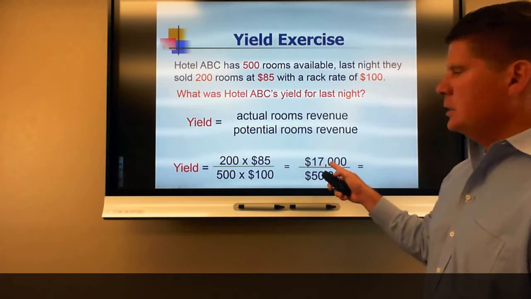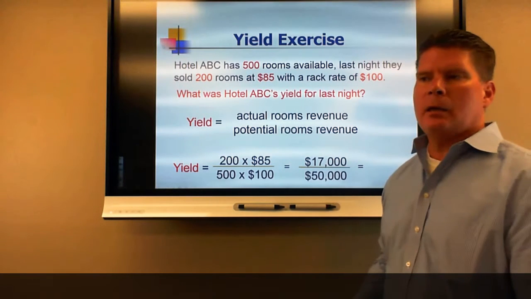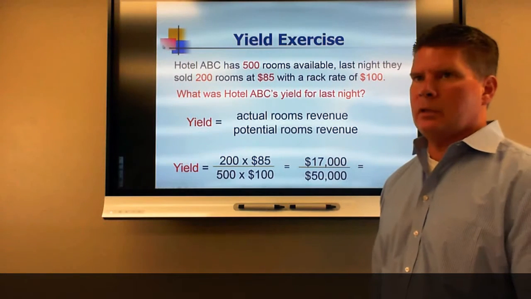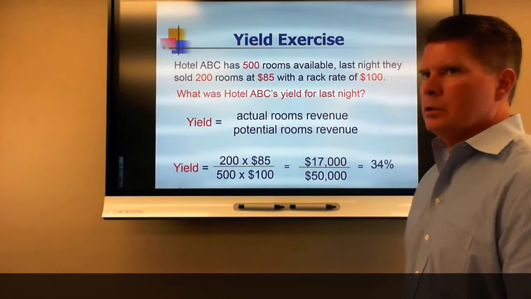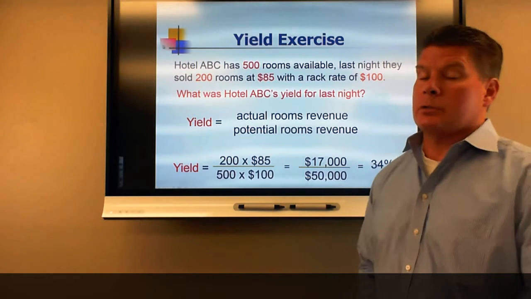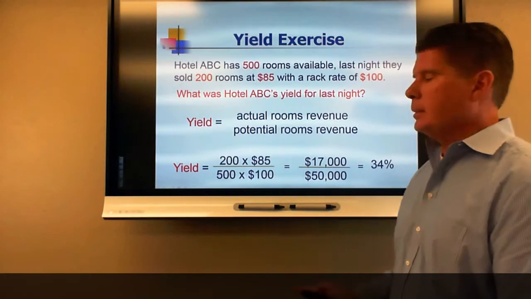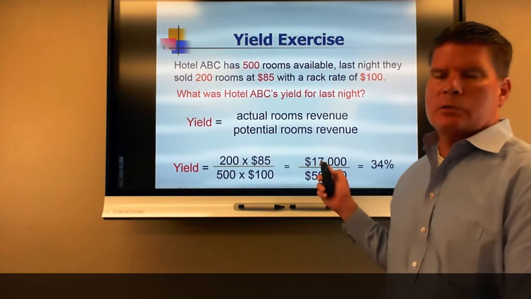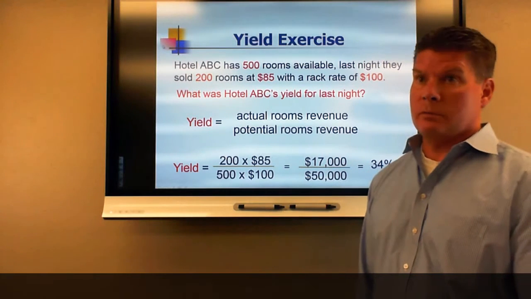So we have $17,000 is what we made, but we could have made $50,000. So this is a yield of 34%, which is actually terrible because you should be making much more than $17,000 if your potential is $50,000.